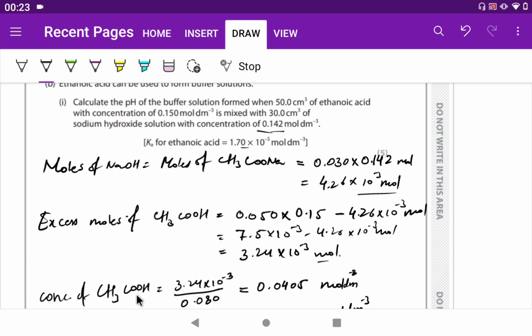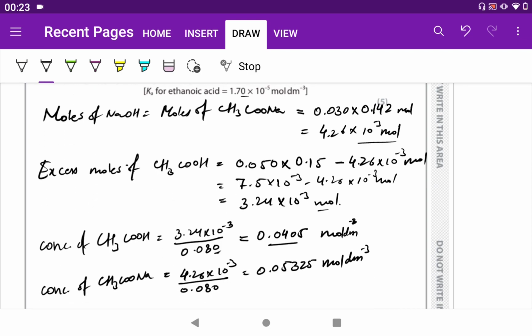So the concentration of this is nothing but here we get 50 plus 30, so total volume is now 80. So this is divided by 80 cm³, but we have to convert it into dm³, so we will divide by 1000, and after calculation we get the concentration of acetic acid is 0.0405.